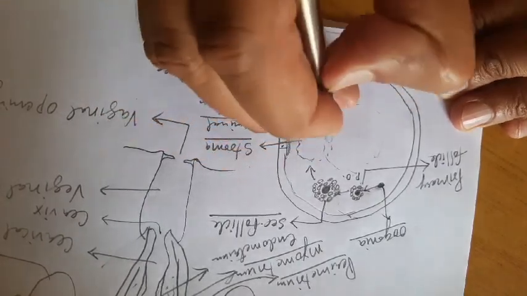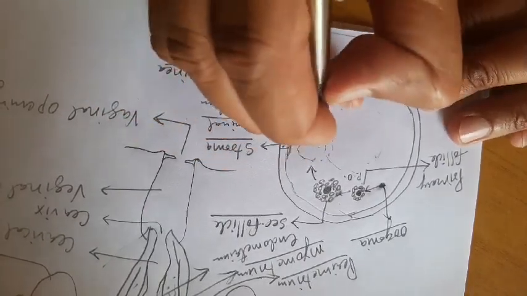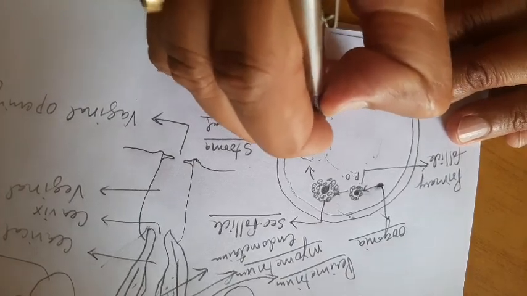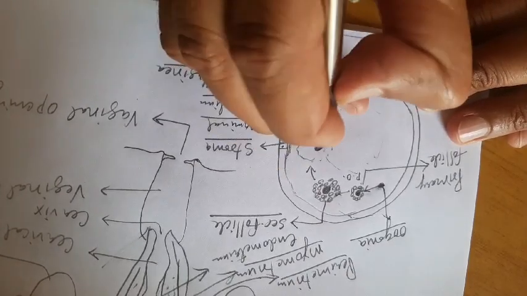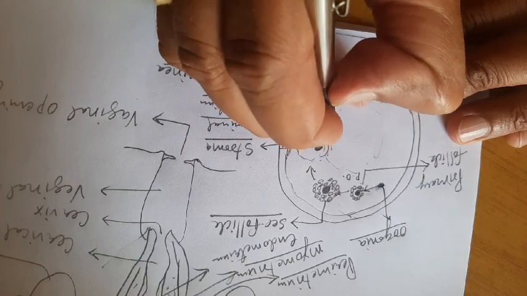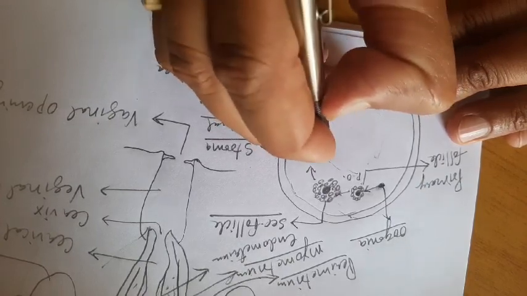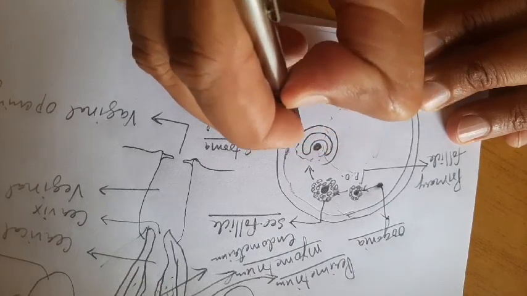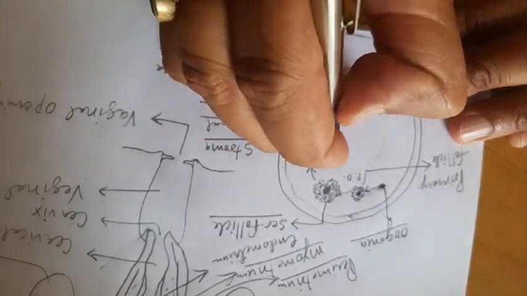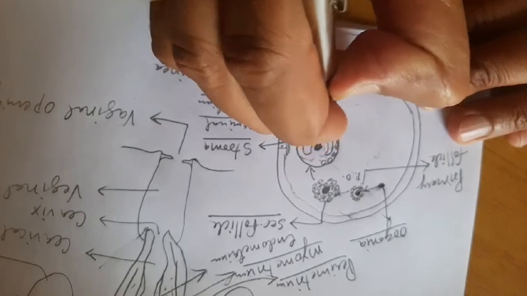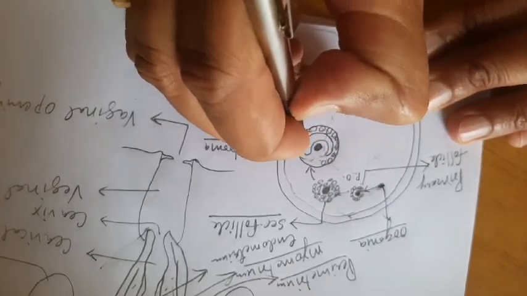a mature follicle, the tertiary follicle, also called the Graafian follicle. The Graafian follicle consists of the primary oocyte and a cavity all around, formed by these follicular cells.